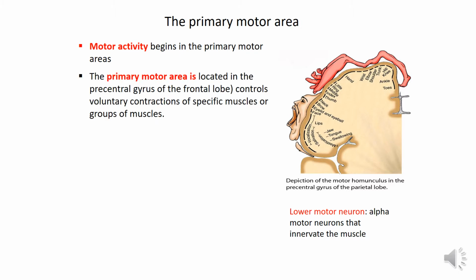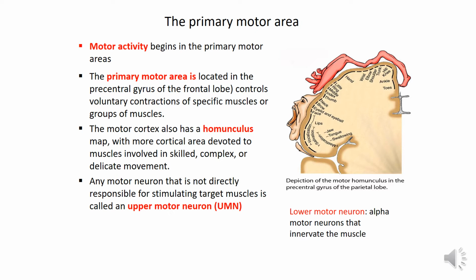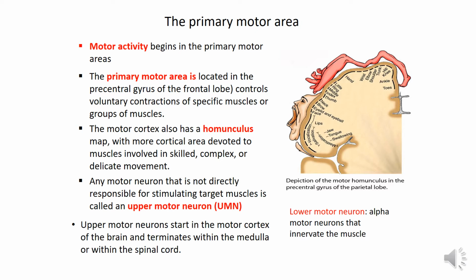But to understand the production of voluntary movement, you need the interaction of two neurons: the upper motor neuron and the lower motor neuron. So any voluntary movement is produced in response to the stimulation of the upper motor neuron and the lower motor neuron.